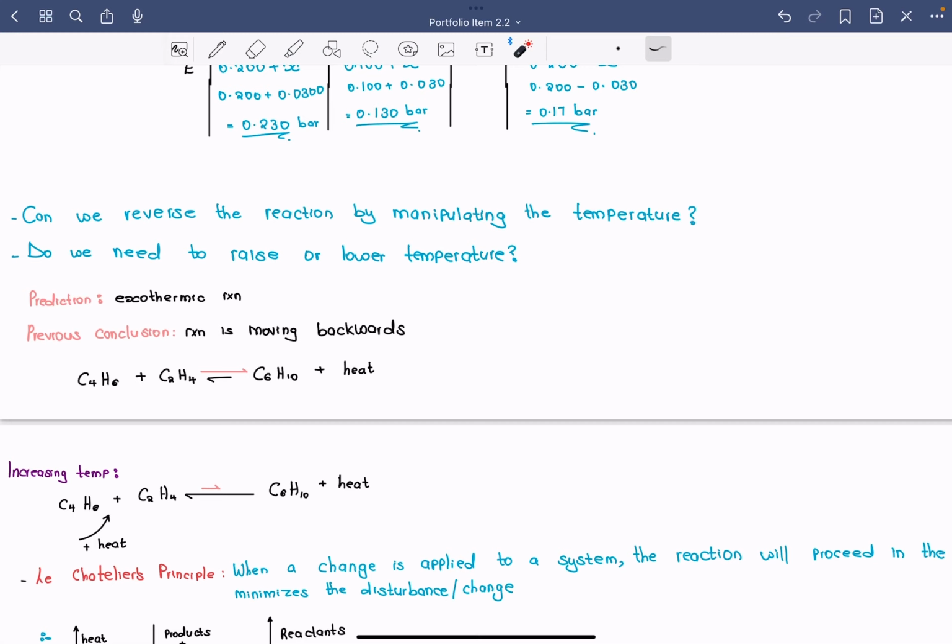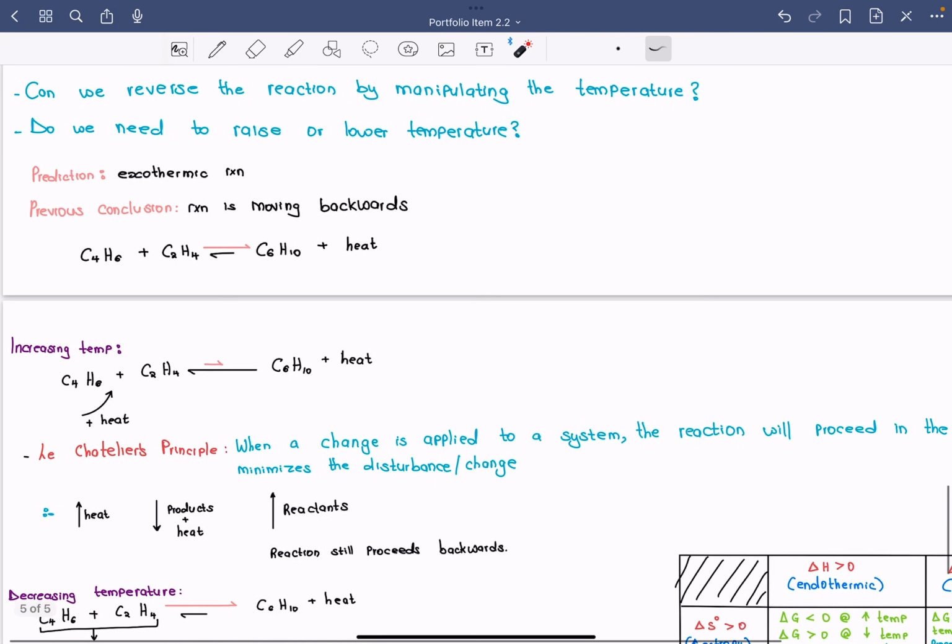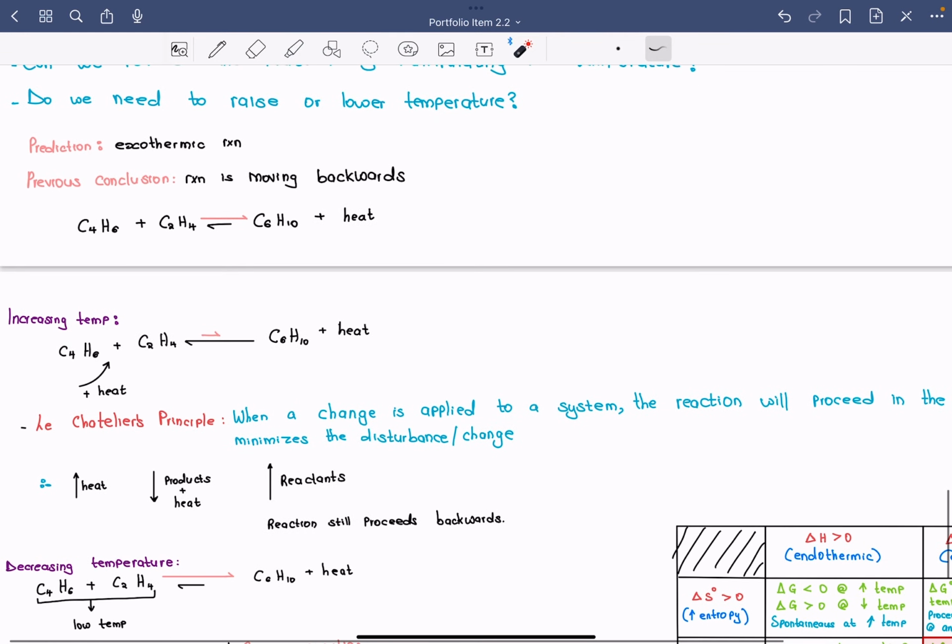An important piece of information that we need for this is the nature of our reaction. Is it exothermic or endothermic? And remember, we identified our reaction to be exothermic. That means in addition to the C6H10, we're also producing heat.